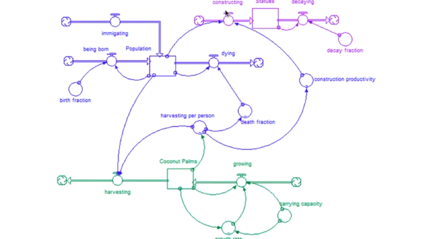Constructing is also not independent in this diagram. It depends on the population and it depends on the construction productivity. Other exponential growths that we can identify are here and here, right?